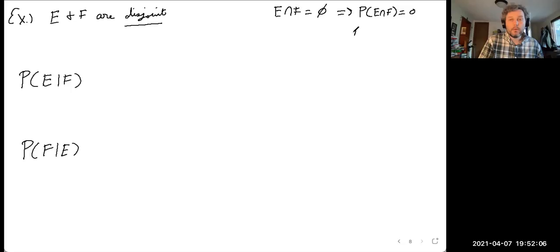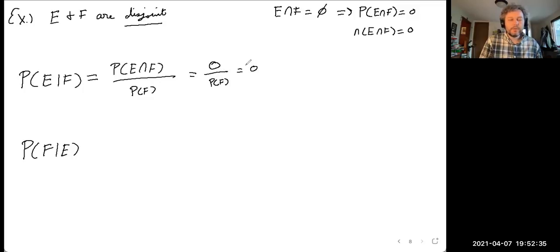The only other way I can think to write that is that the number in E and F is 0. So I don't even know what the probability of E and F are, but if they're disjoint, then I can certainly say the probability of E and F is 0, even though it's divided by the probability of F. So this is 0 over the probability of F. So if they're disjoint, conditional probability is always going to equal 0.